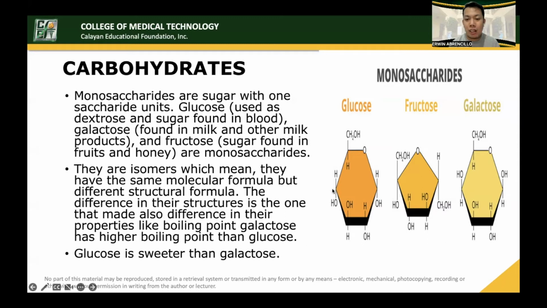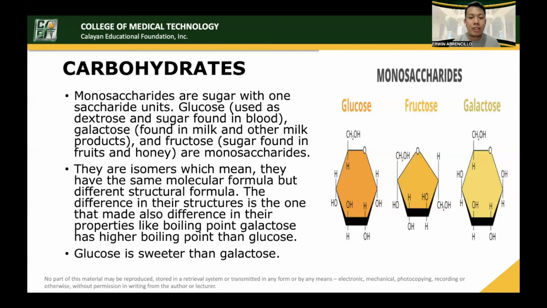Look at this one, the orientation of H and OH. Here it is found at the bottom. On this side, it is found on top. And this one is the same thing. It is found at the bottom, and this one is found on top. So that's one difference between the two.